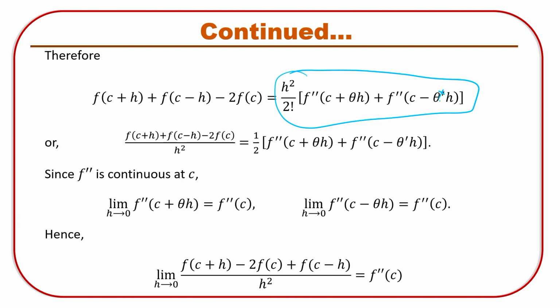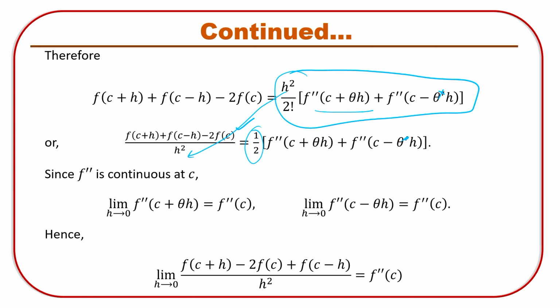So, f(c plus h) plus f(c minus h) minus 2 f(c), divided by h square, is equal to 1 by 2 times f double dash of c plus theta h plus f double dash of c minus theta h.